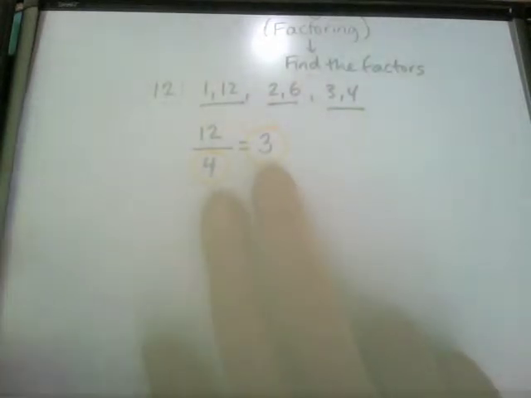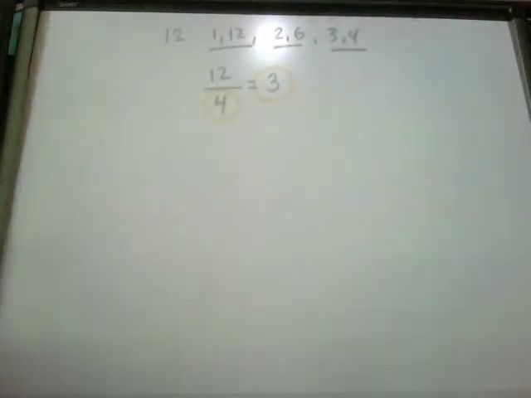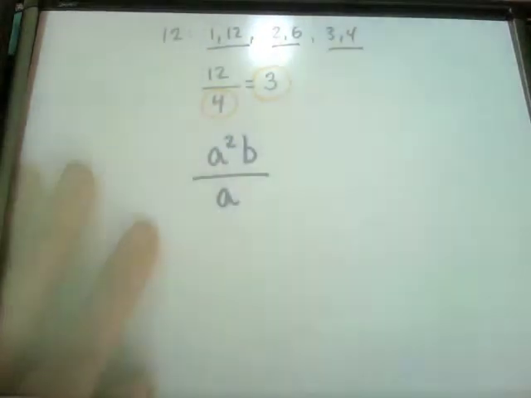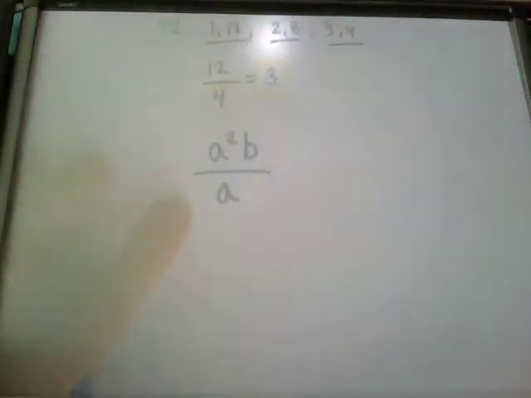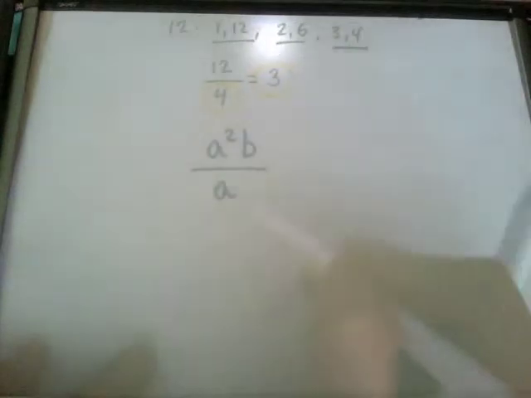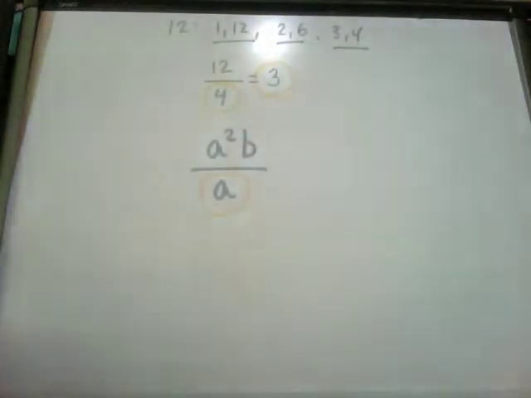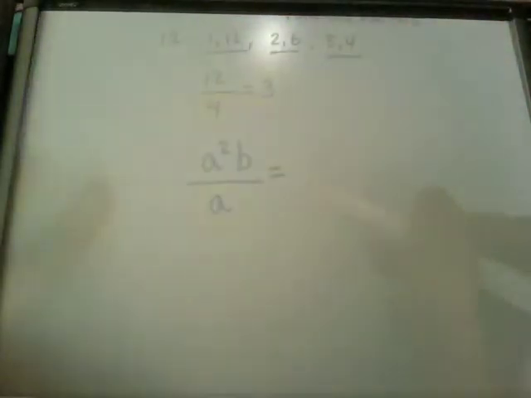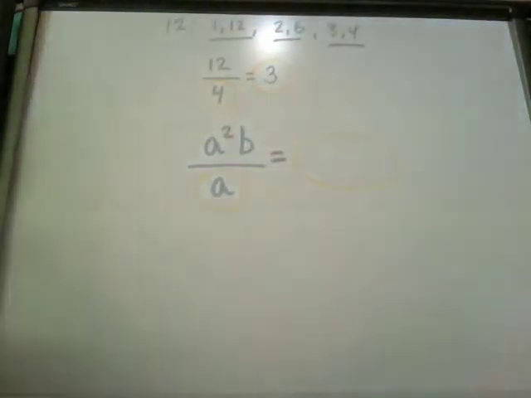So I'm highlighting that because what we're going to be doing today is kind of extending the idea from yesterday. I'll give you a simple example like we were just doing. If I said a squared b divided by a, guess what? Here's one of my factors. The answer that we get when we do it is going to be the other factor, just like you can see in the 12 that the 4 and the 3 are factors of 12.